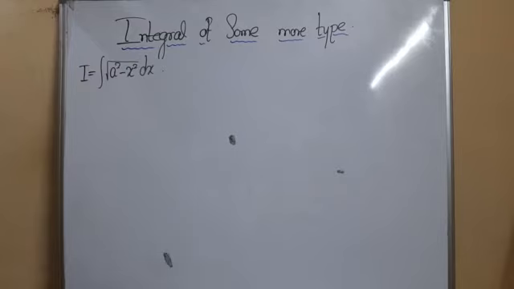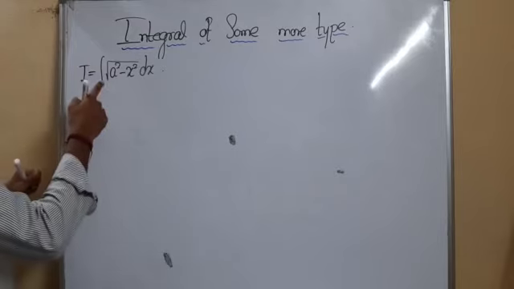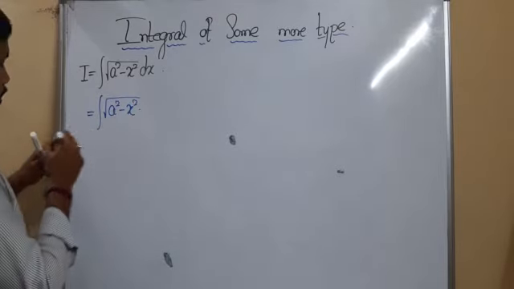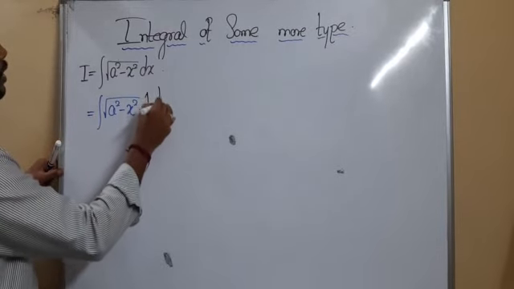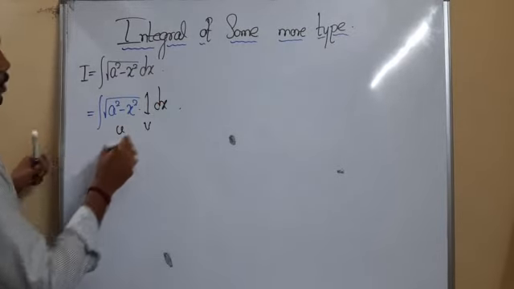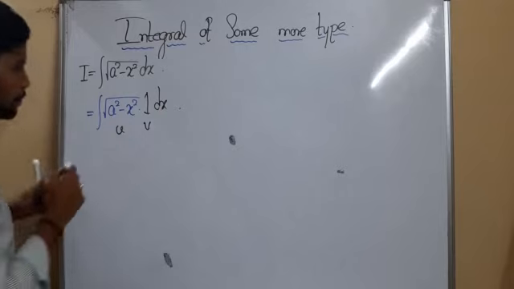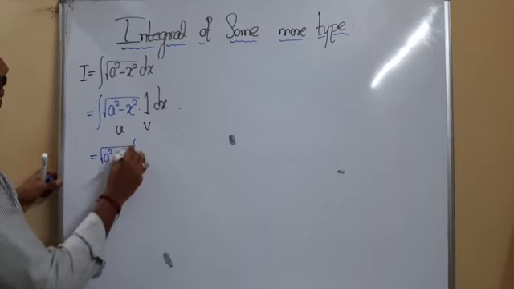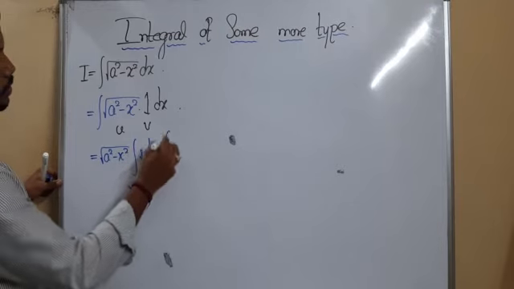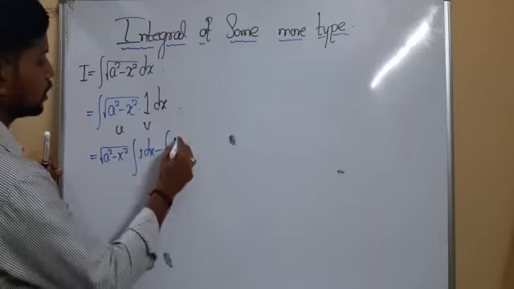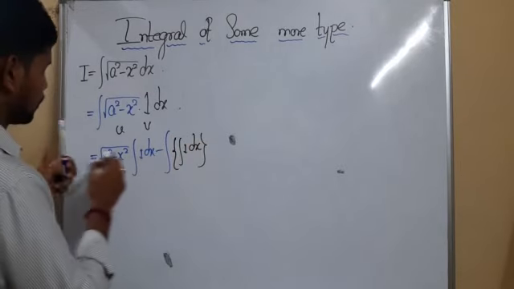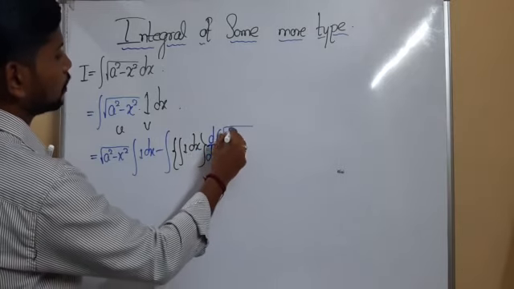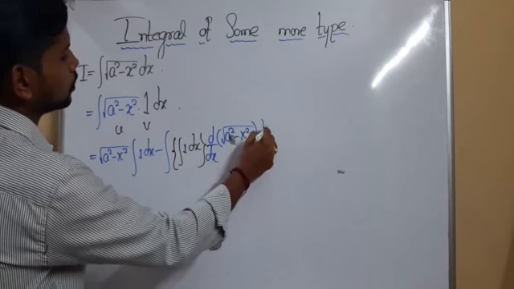Observe the next property that I'd like to prove here. It is the integral of square root of a square minus x square. We don't have any direct formula, that's why, into 1 into dx, I can apply u into v, integration by parts easily. It will be square root of a square minus x square times the integral of 1 dx, minus the integral of, in the bracket, integral of 1 dx, after that the derivative d by dx of square root of a square minus x square, into dx.